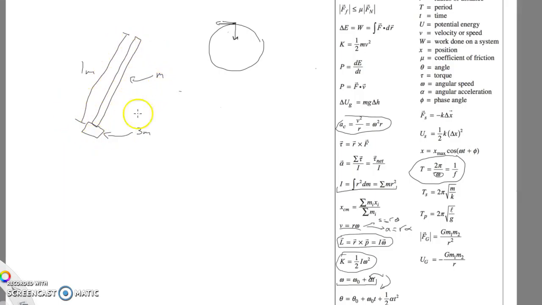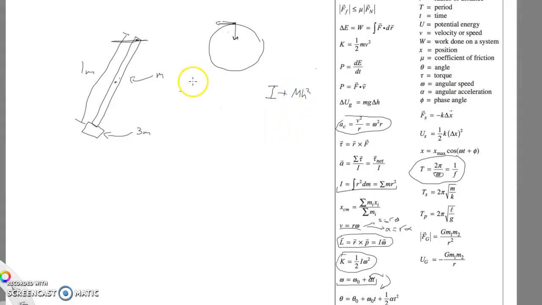Okay, so we want to find the moment of inertia of this system. The center of mass of this meter stick would be right here. Because we're going to say it's a pendulum, it'll be oscillating about the top right here. Since its axis of rotation is not about its center of mass, then when we find moment of inertia, we have to use the parallel axis theorem, which we get by adding the moment of inertia about its center of mass plus mh squared.